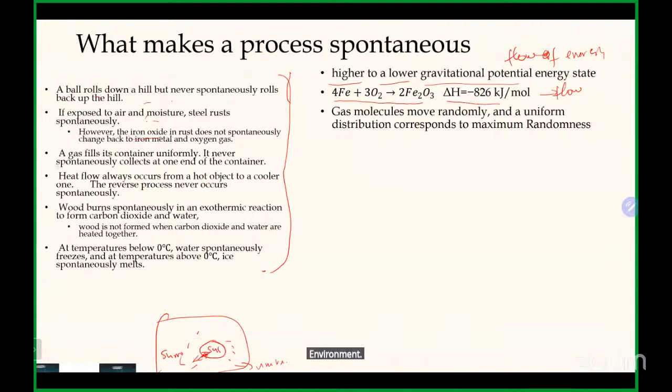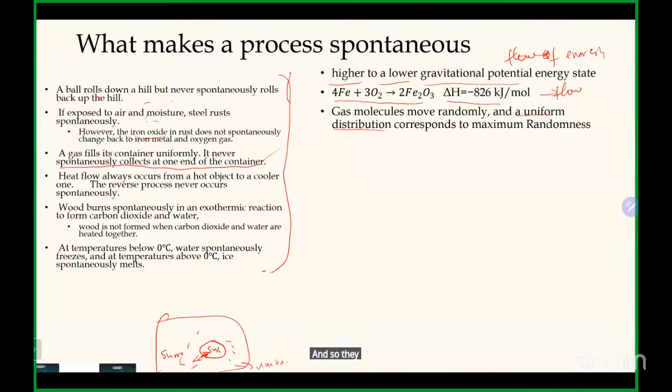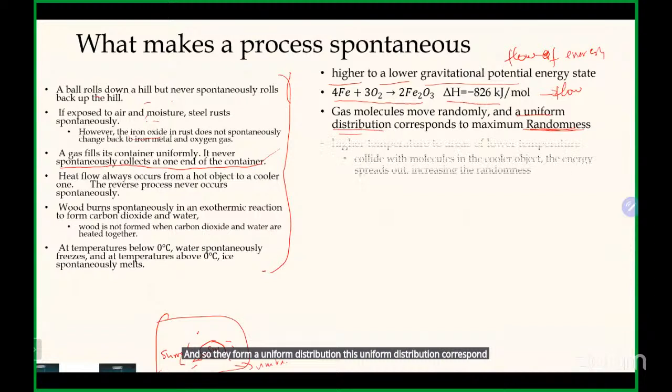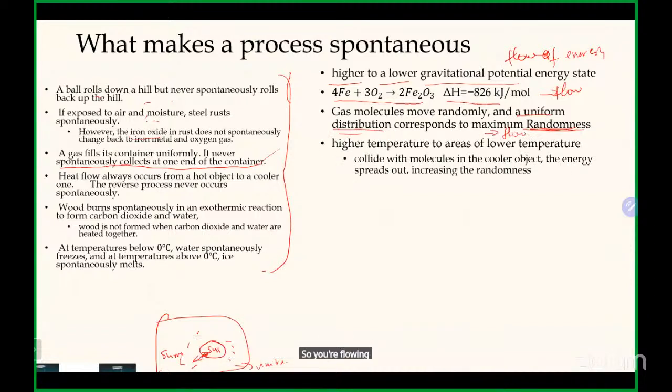When you put a gas inside a container, the gas molecules move randomly and so they form a uniform distribution. This uniform distribution corresponds to randomness. So the flow of energy is in the direction of randomness in this case.